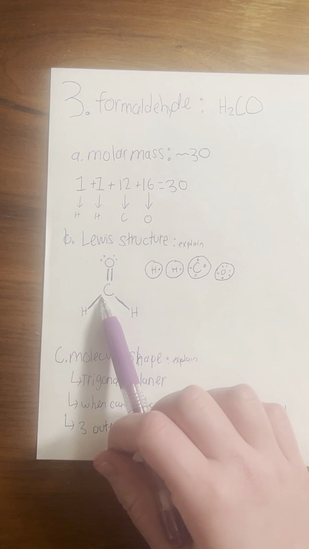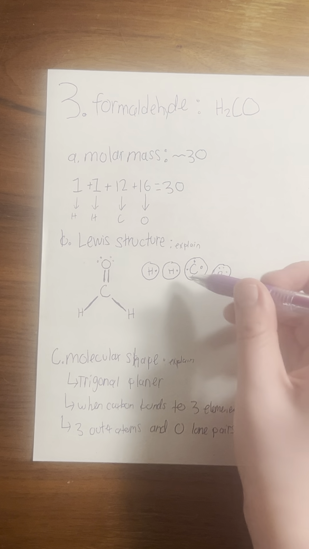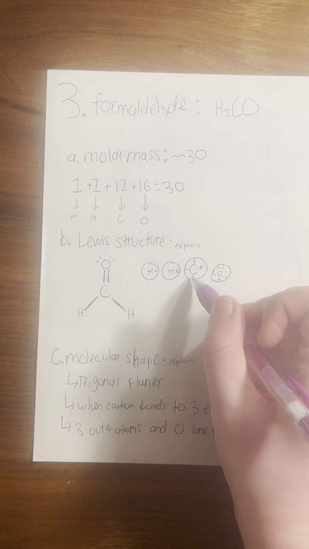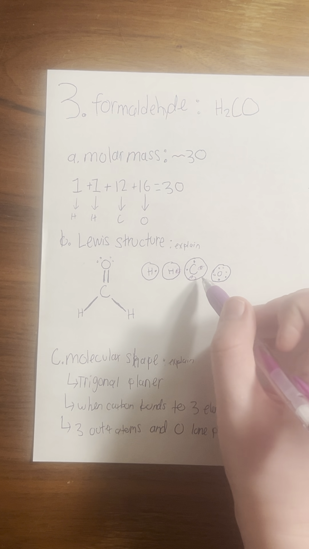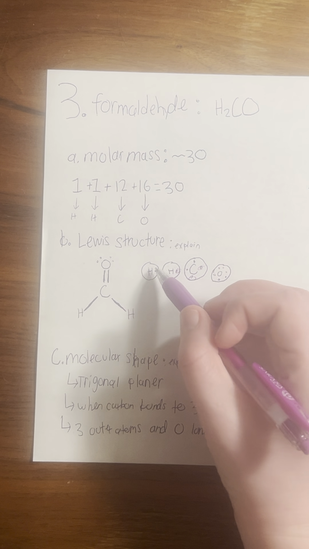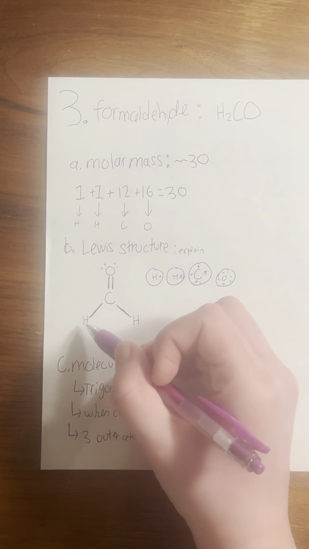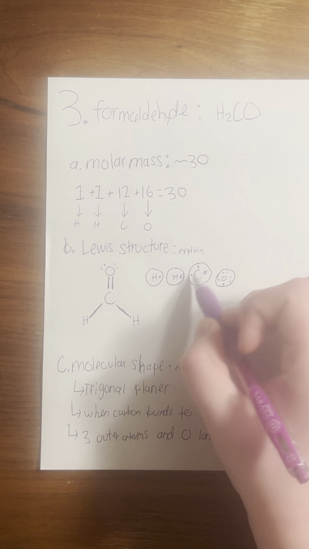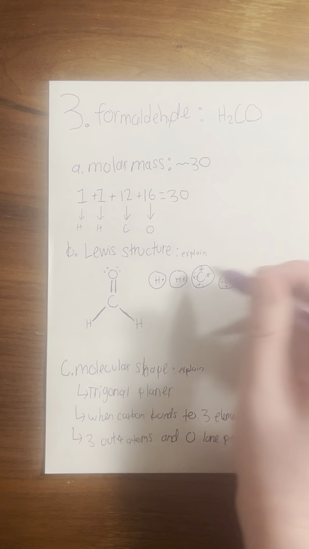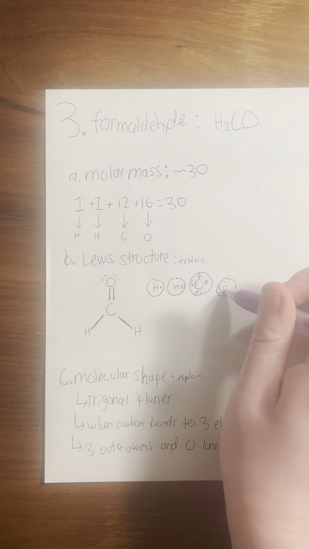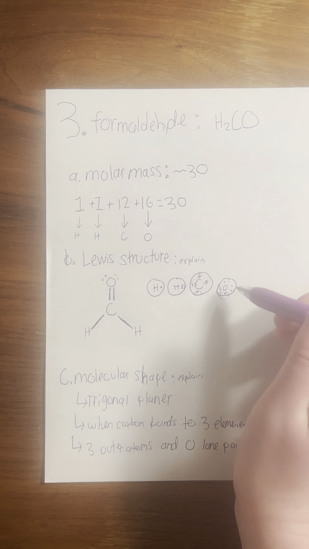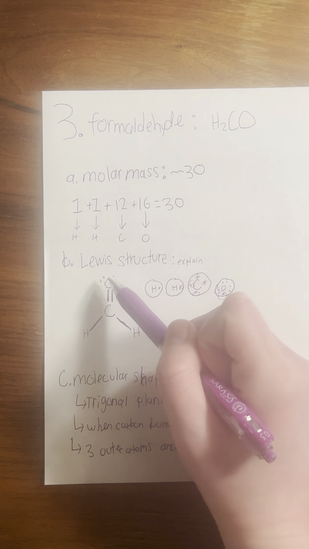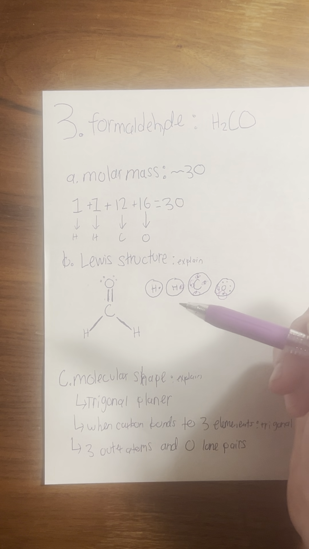So you put C in the middle, and you can take one of these valence electrons and attach it to one of the hydrogens, and then one of these carbon valence electrons and put it to the other hydrogen to make this triangle shape. So this is a single bond. And then for the other 2, you can bond it to these 2 on the oxygen. So then that's a double bond. And then you have the 2 lone pairs that are left over above the O.